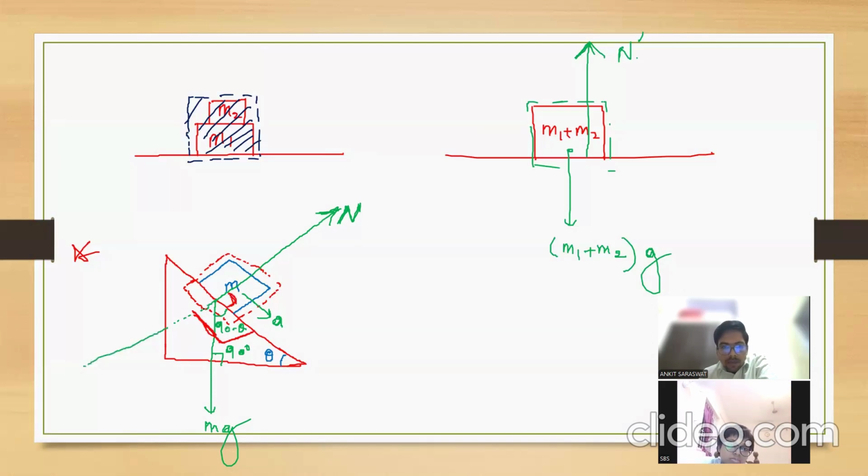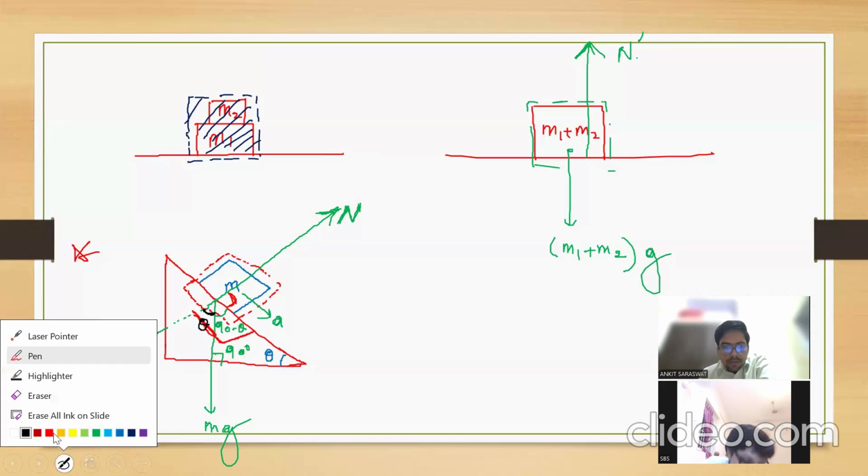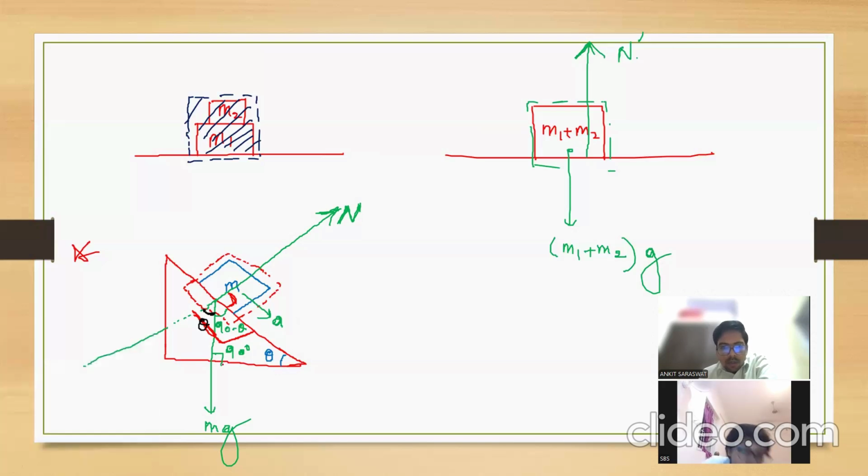If this is 90 minus theta, then this is theta. mg has two components. One is mg cos theta, the other is mg sin theta. Very good. And perpendicular to mg cos theta, there is one more component, mg sin theta. You can check both are perpendicular.